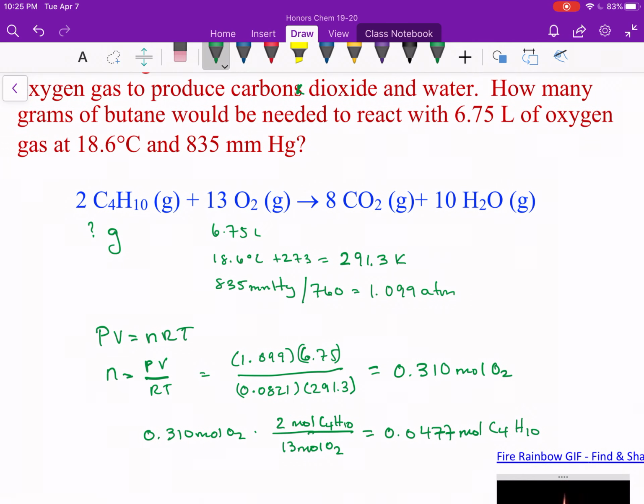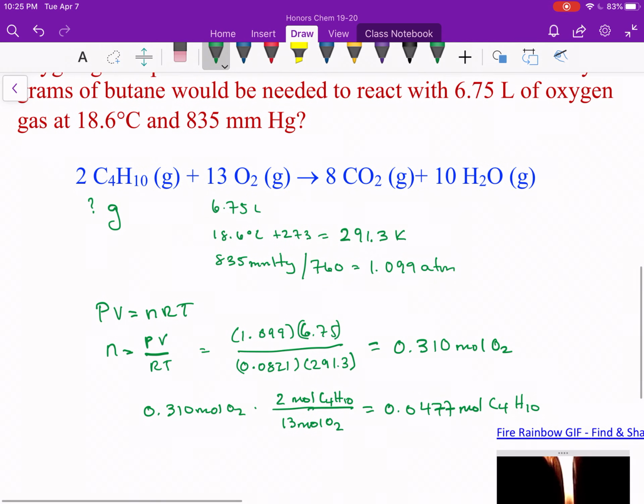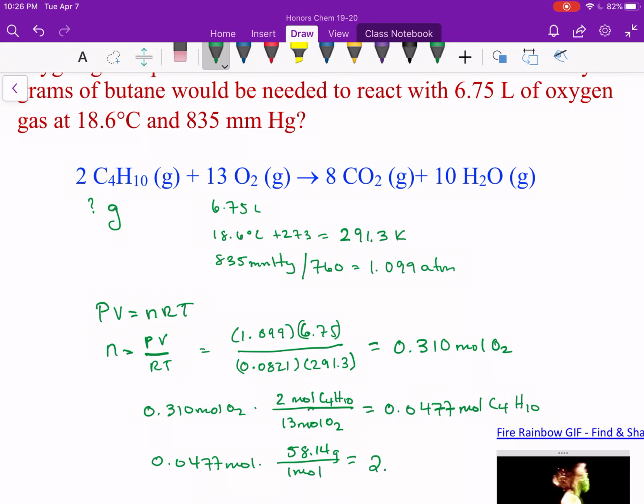And then if we want to know grams, obviously we can multiply that by the molar mass: 0.0477 moles times, for every 1 mole, we would have 58.14 grams, and that's going to give me a whopping total of 2.77 grams of butane that I could react with this much oxygen gas under those conditions.